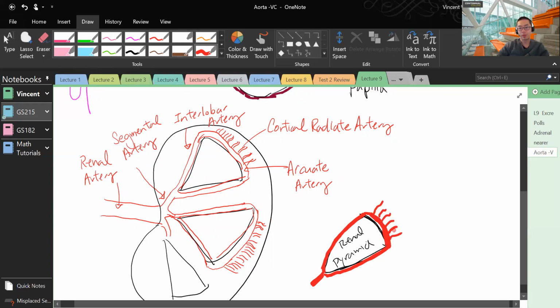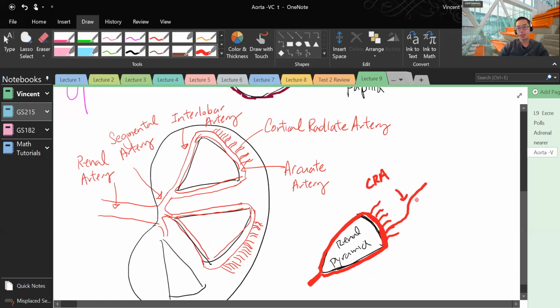I'm gonna zoom in on one of these things and make it extra big. I'm gonna label this one the CRA, the cortical radial artery. That is going to branch off again into these sideways ones. We're almost there, I promise.